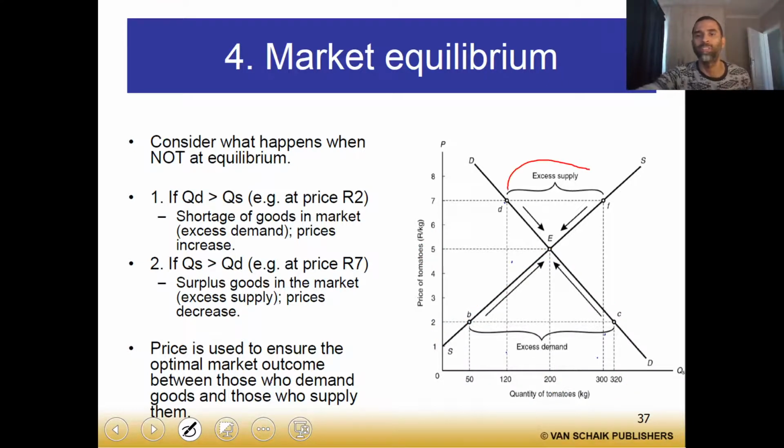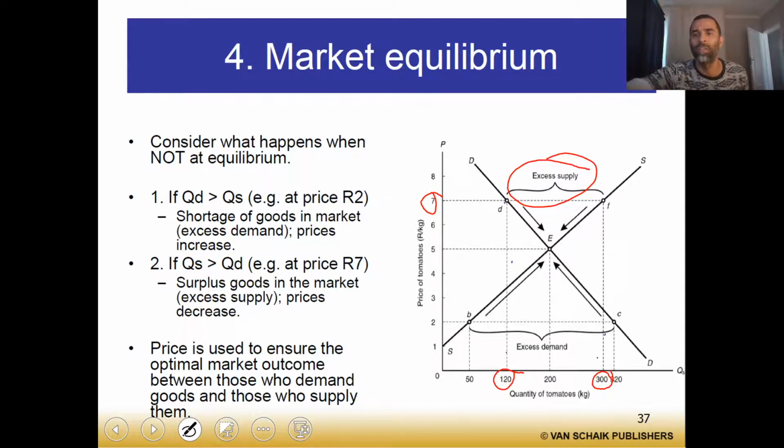In the case of excess supplies, a similar process unfolds. So initially at a price of 7 rand, households demand 120 kilograms of tomatoes, whereas firms are eager to supply 300. In this case, firms will notice that households are not willing to pay 7 rand per kilo for 300 kilograms of tomatoes.